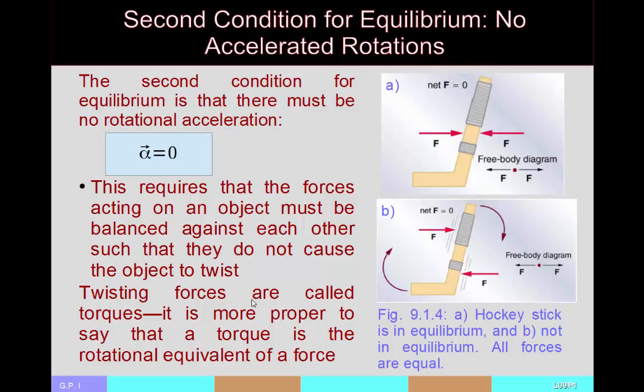And these forces which cause a twisting, or forces which cause a rotational acceleration, are what we call torques. So in some sense, a torque is the rotational equivalent of a force. So our second condition again is no angular acceleration.